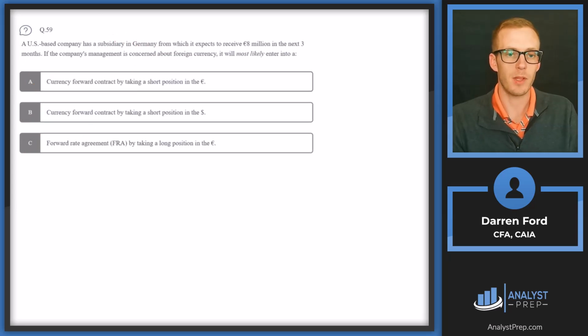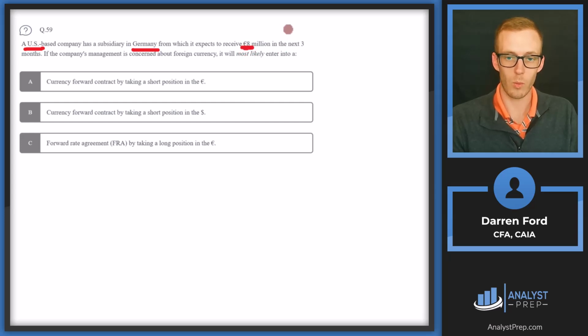Question 59. A US-based company has a subsidiary in Germany from which it expects to receive 8 million euro in the next 3 months. If the company's management is concerned about foreign currency, it will most likely enter into A. So we're a US-based company and we have a subsidiary in Germany, from which we're receiving 8 million euros.